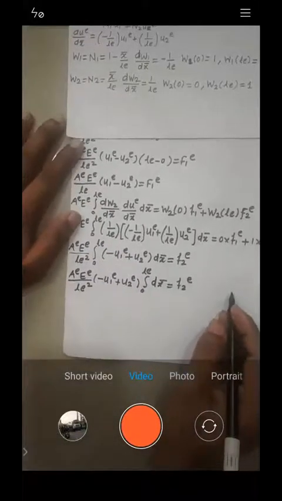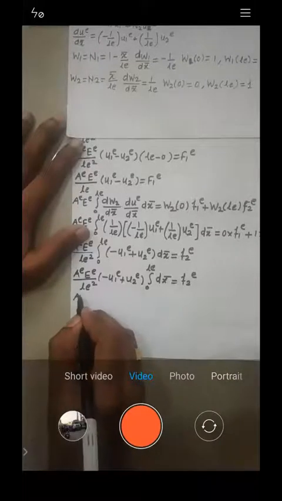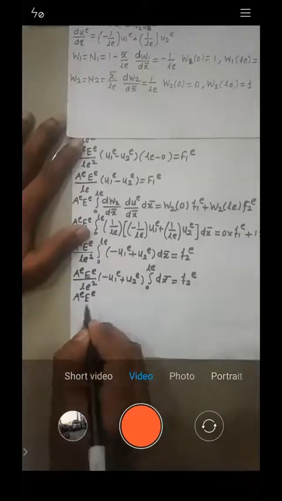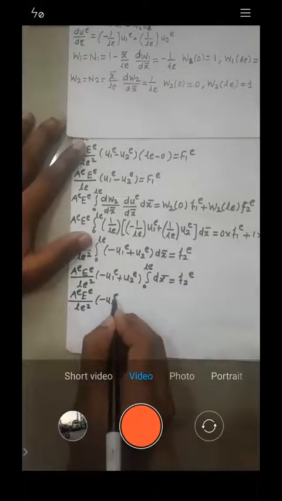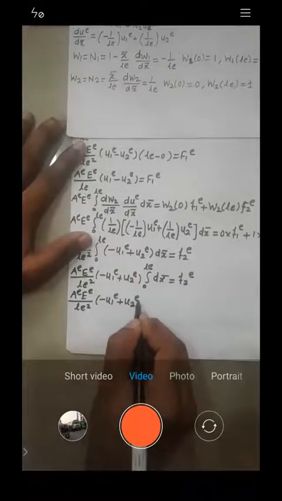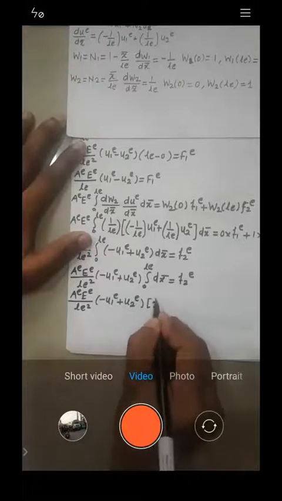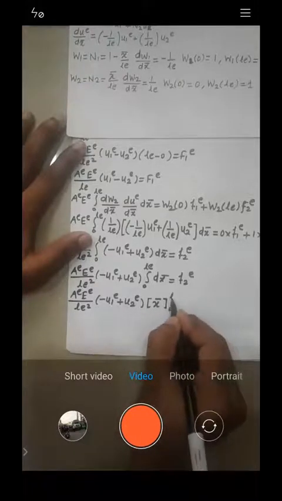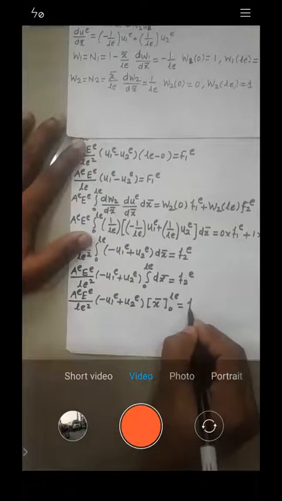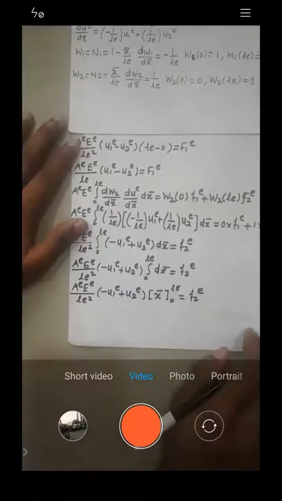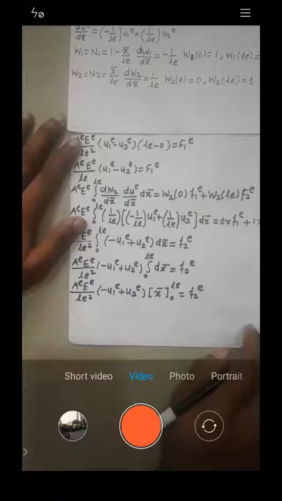So I'll write AE, EE by LE square, minus U1E plus U2E. What is the integration of dx bar? It's x bar for limit 0 to LE is equal to F2E. Is it okay? Let me know.